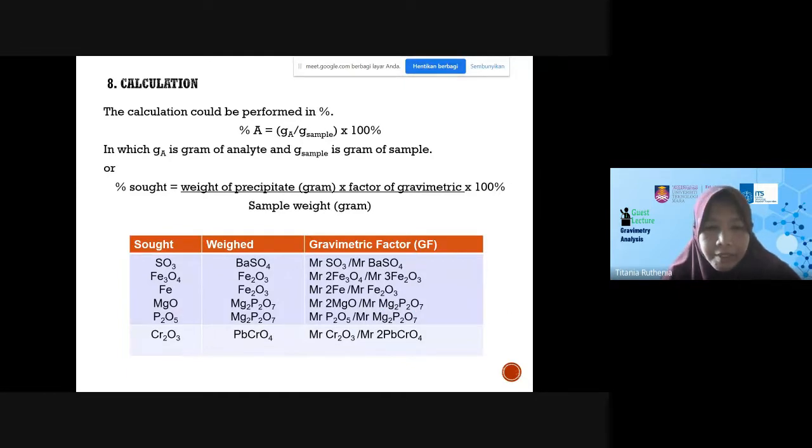And for P2O5, here 2 and here also 2, so we don't need to multiply with anything, just the ratio of the molecular weights. And for Cr2O3 from PbCrO4, this is 2 and this is 1, so we have to multiply the numerator with 2.